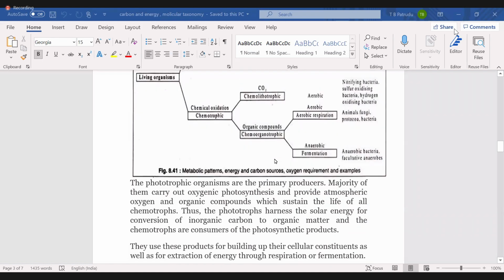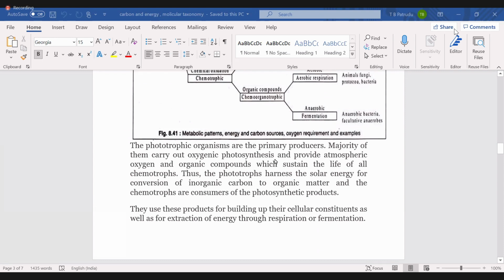Okay. The next, phototrophic organisms are primary producers. Photo is sunlight, is a producer, is self-made. The majority carry out oxygenic photosynthesis and provide the atmospheric oxygen and organic compounds which sustain the life of all chemotrophs.